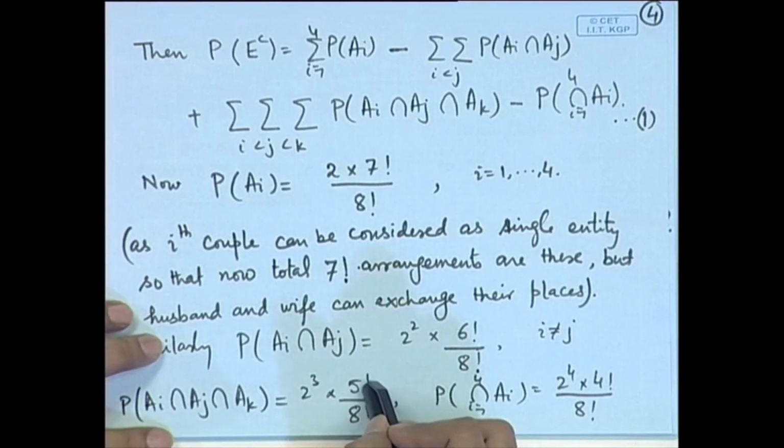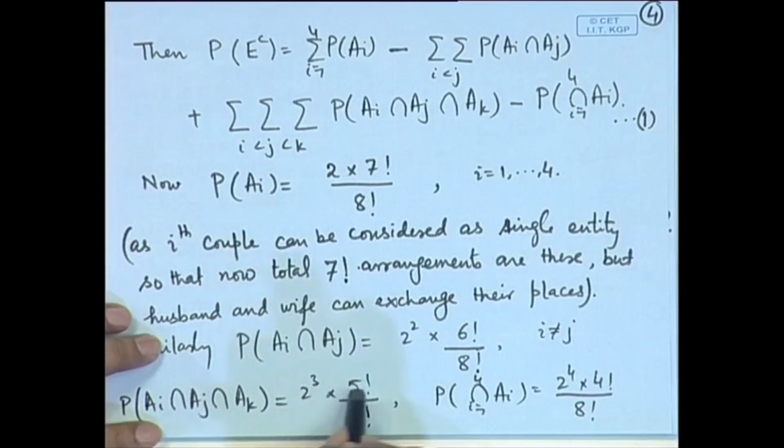Therefore, these people can be arranged in 5 factorial ways. Now, in each pair the husband and wife can interchange their places, and therefore, each of them will have 2 extra arrangements. So, 2 into 2 into 2, 3 times. So, the total number of cases of the ith, jth and kth couples sitting together is 2 to the power 3 into 5 factorial divided by 8 factorial.